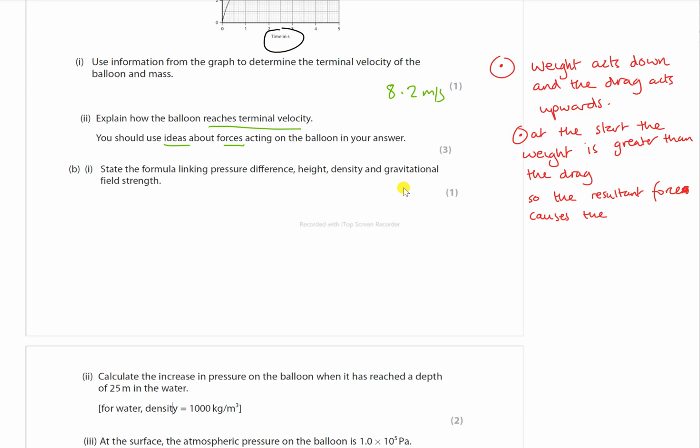Causes the balloon to accelerate downwards. Accelerate down.